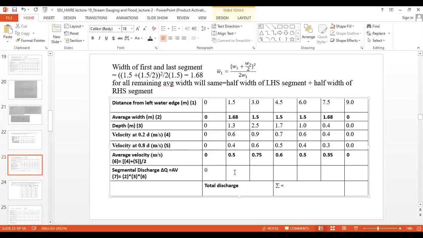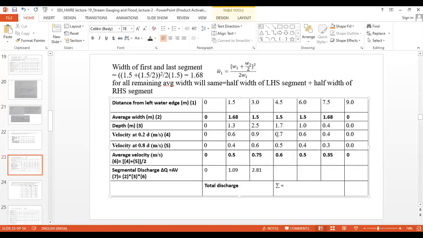Next, area will be 1.68, that is average width, into depth 1.3, into velocity 0.5, that is 1.09 meter cube per second. Then next will be area 1.5 into depth 2.5 into velocity 0.75, that is 2.81 meter cube per second. Please do the calculations.